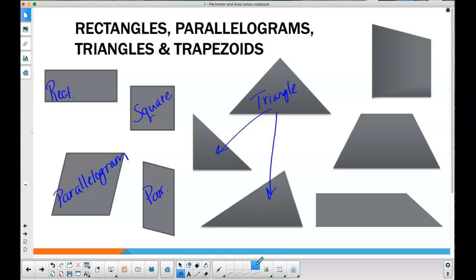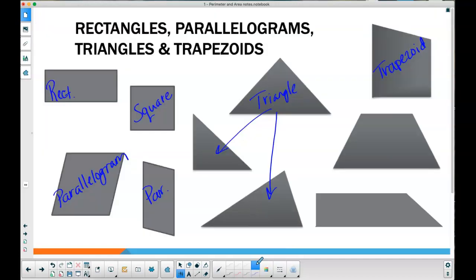And then we've got these 3 shapes over here. Those are what, Matthew? Trapezoids. No, a rhombus is like a parallelogram, so it's like a tilted square. A rhombus is if you just take a square and tilt it.